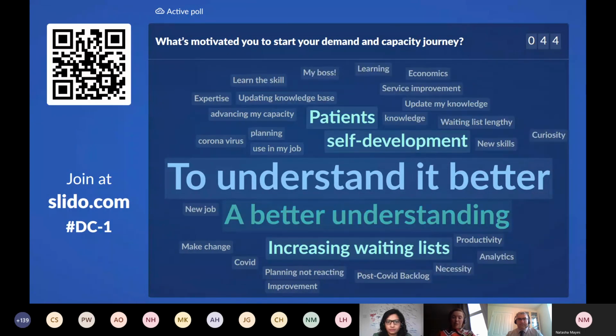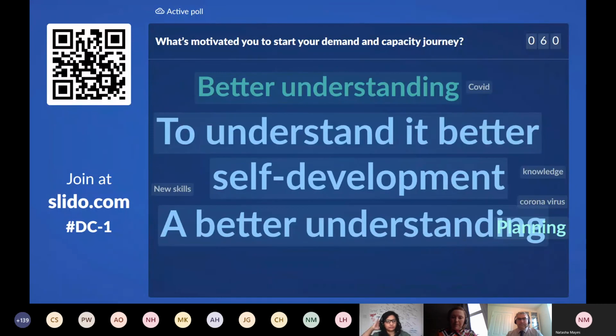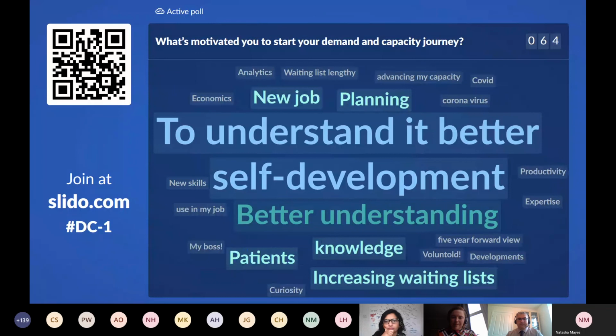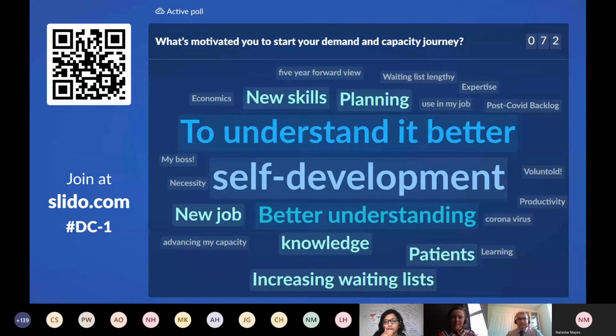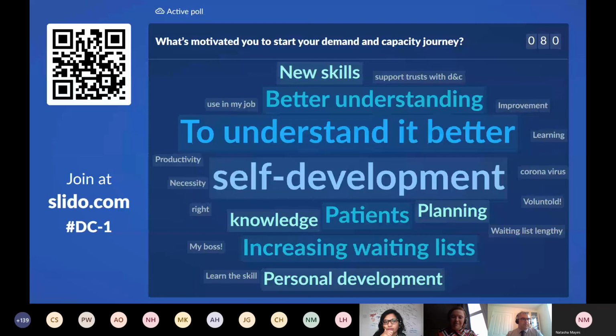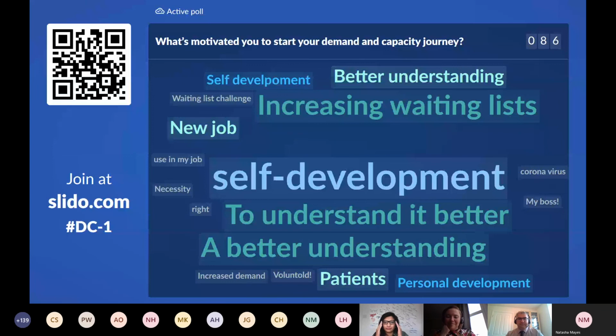Yeah, I think that's a very real thing that we're all grappling with at the moment. New job, new skills. Someone has put in voluntold.